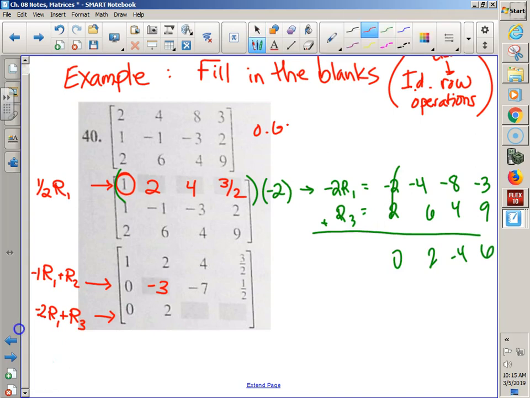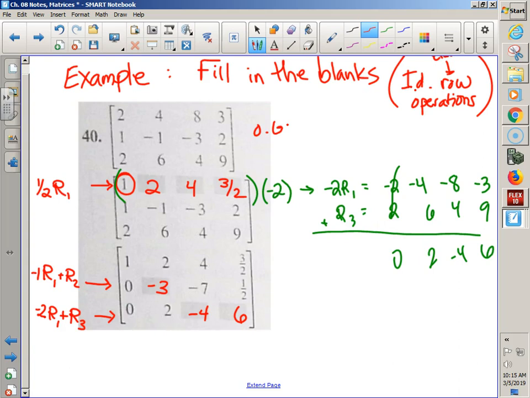My mental mathers, you can just look at row 1 and say, negative 2 times 1 is negative 2 plus 2 is 0. Negative 2 times 2 is negative 4 plus 6 is 2. Negative 2 times 4 is negative 8 plus 4 is negative 4. And negative 2 times 3 halves is negative 3 plus 9 is 6. Either way, you get the exact same answers, and you're just as right.